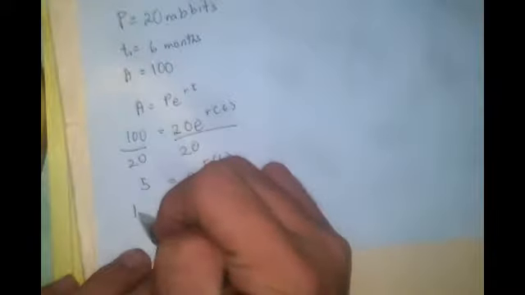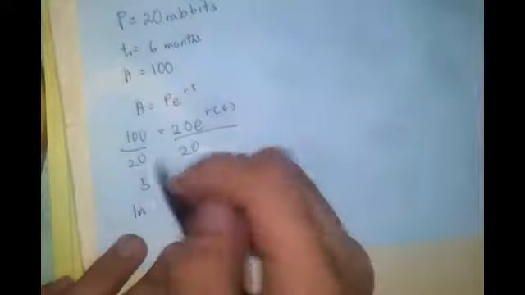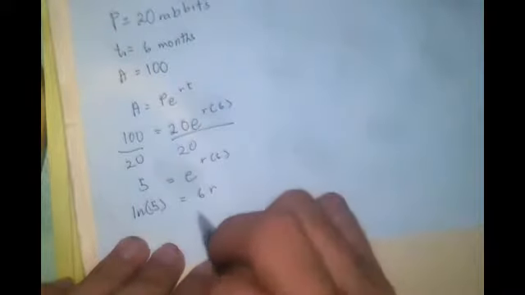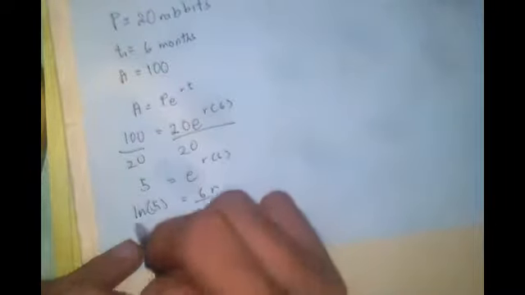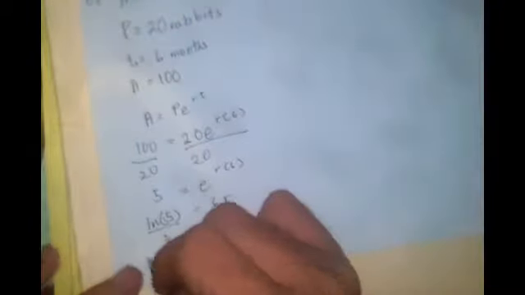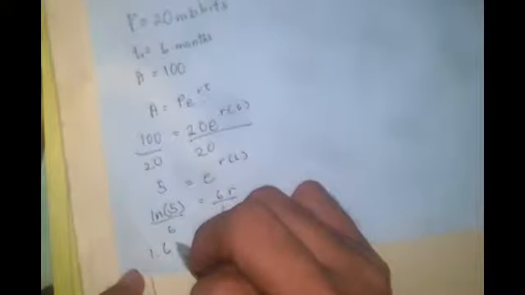So ln 5 = 6r. Divide both sides by 6, then r is equal to 1.61.